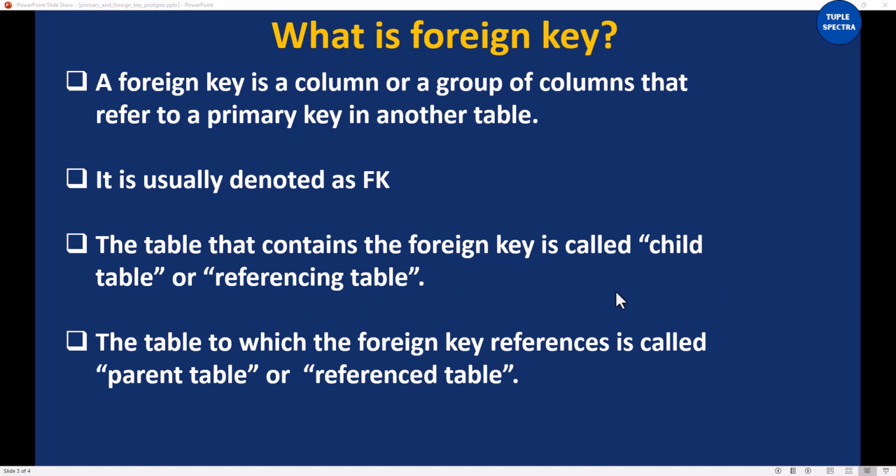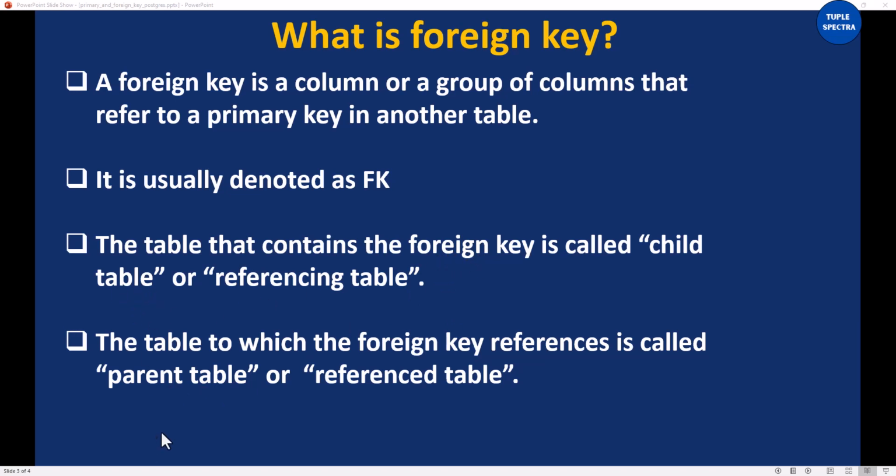Remember, we just said that a foreign key is a column or a group of columns that refer to a primary key in another table. The other table we are talking about, that has the primary key, is the parent table, but the one that has the foreign key is the child table.